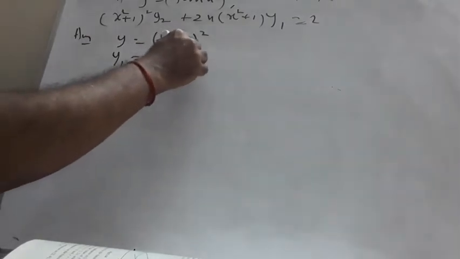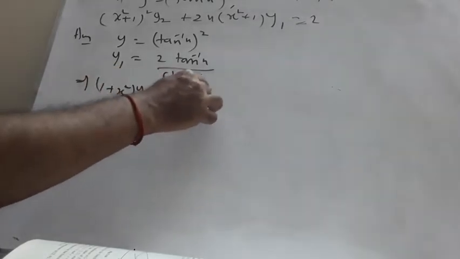Answer: y is equal to tan inverse x the whole square. y1 becomes 2 tan inverse x divided by 1 plus x square. This is by chain rule of differentiation. Just cross multiply and proceed, it would be easier for you.